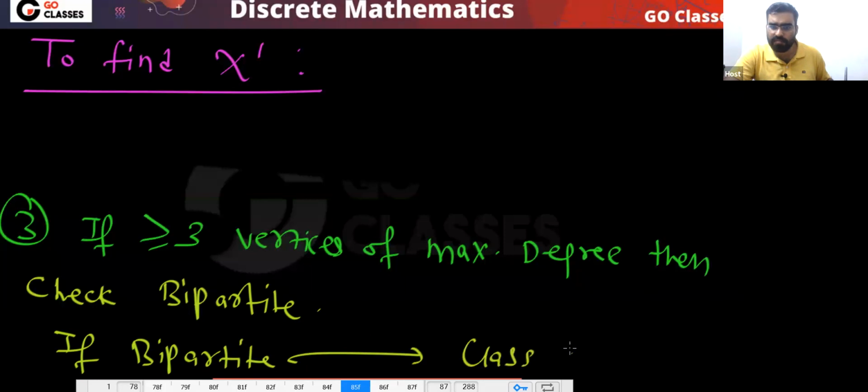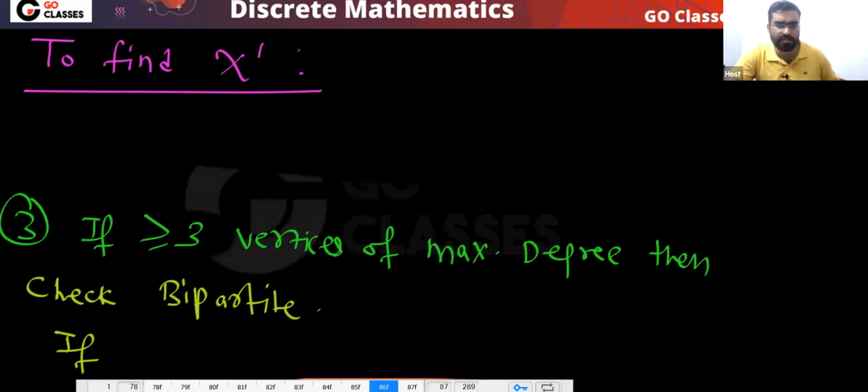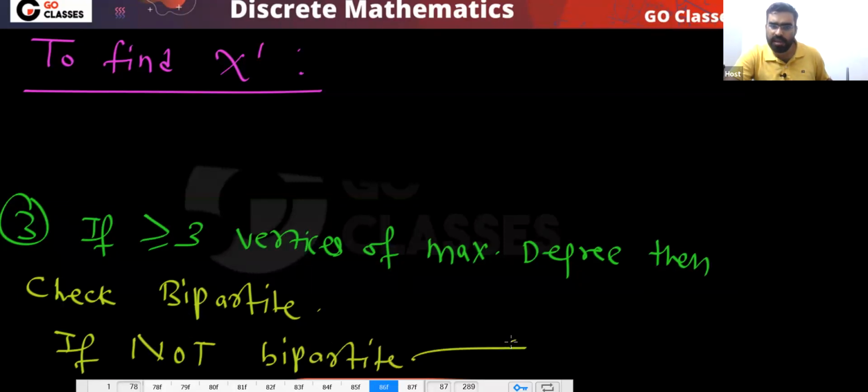If bipartite, then class 1. And if not bipartite, then check manually.